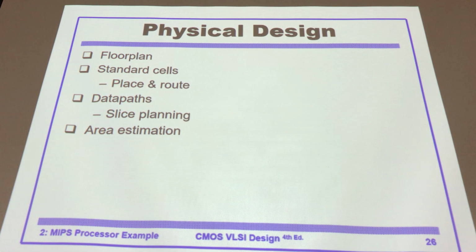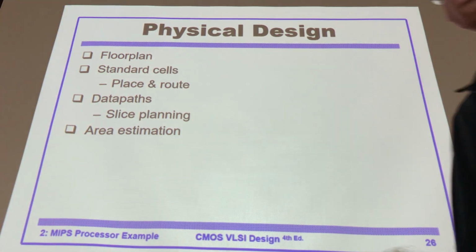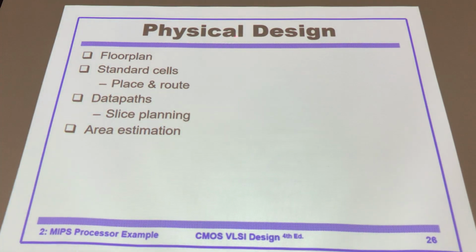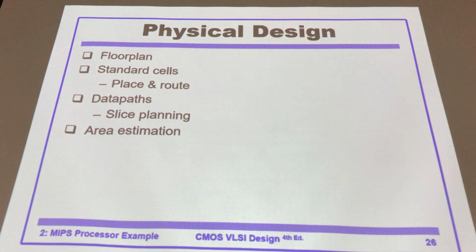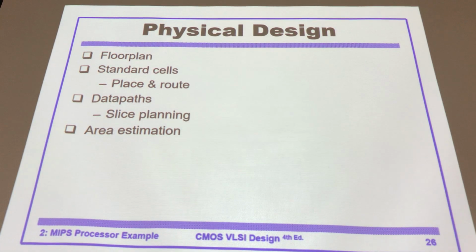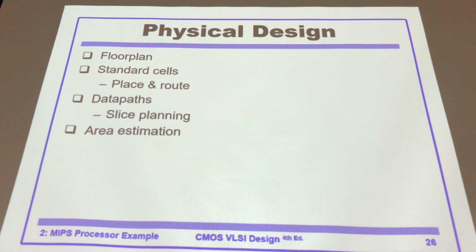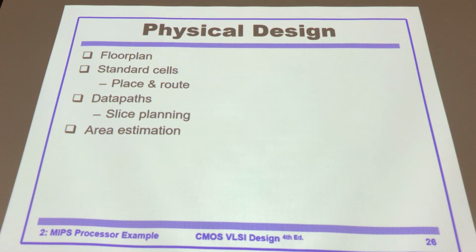Okay, let's continue. Now we are going down to the bottom layer, which is physical design. When we talk about physical design, we are talking about what the real layout eventually is.